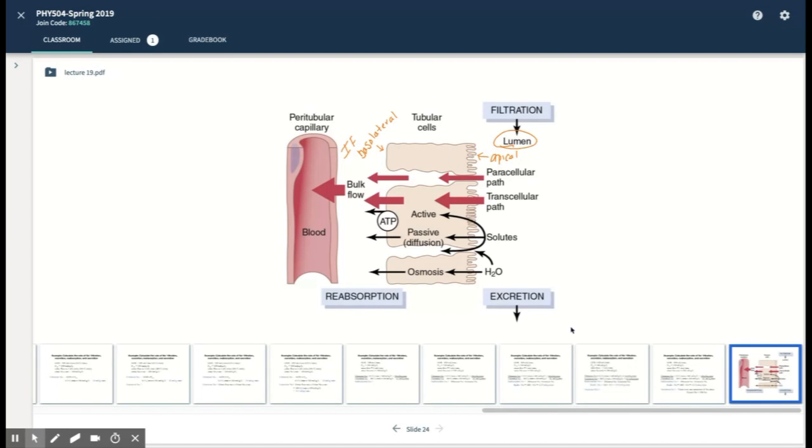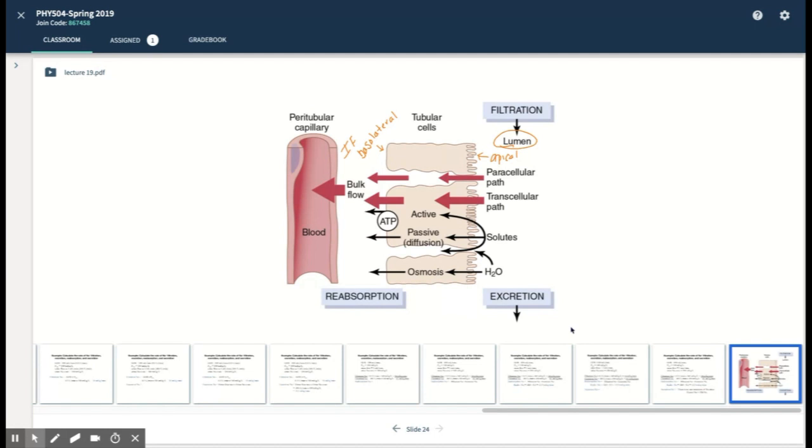Paracellular can be reabsorbed or secreted, but it's not going to pass through any membrane. It's just going straight through those tight junctions. So another quick terminology reminder. Reabsorption is anything going from lumen eventually to blood, or at least to interstitial space.